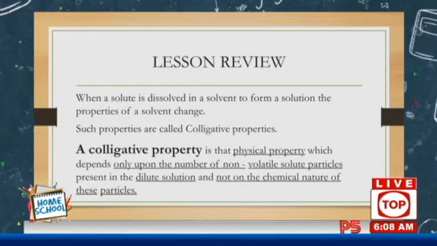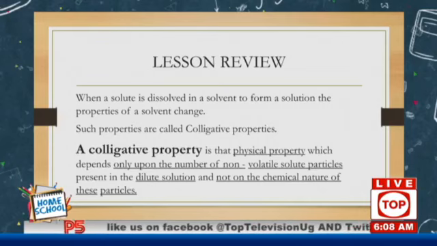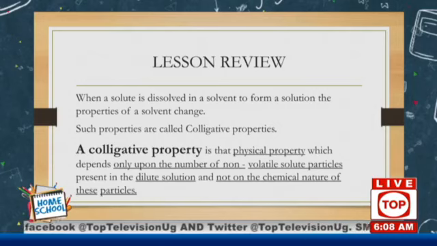We say that we have the vapor pressure lowering of the solvent. We have boiling point elevation of the solution, freezing point depression of the solution, osmosis and osmotic pressure.